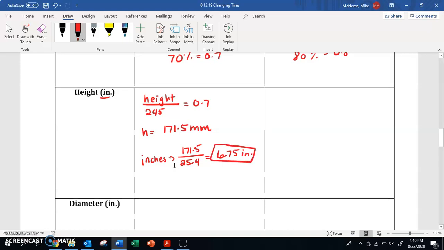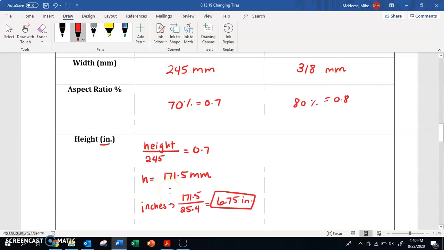Over here, we're going to do the same thing with the new numbers. Height divided by 318 equals 0.8 this time. Multiply each side by 318 and we should get a height of 254.4 millimeters.